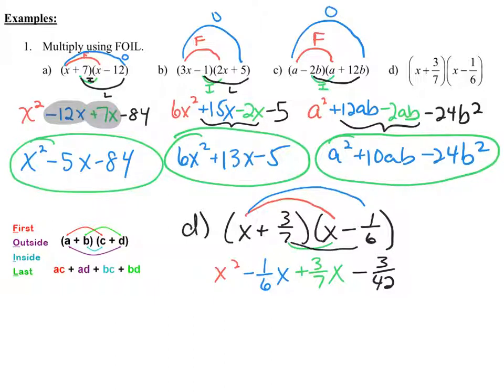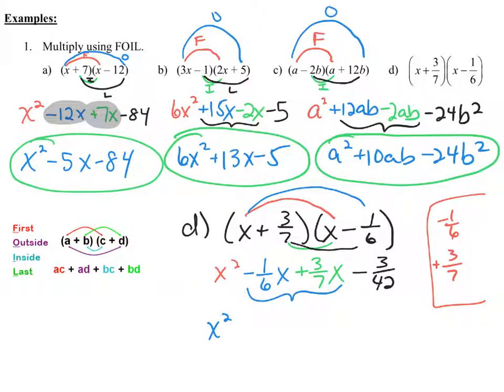Let's simplify our answer. So we get x squared. Since the middle two terms are like terms, we can combine those, but they have fraction coefficients. So recall, I'll do the addition over here, a negative 1/6 x plus a 3/7 x. You need to get a common denominator, or you can use the fraction button on your scientific calculator.